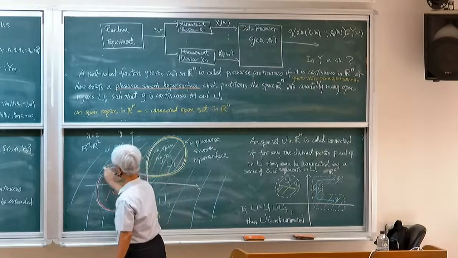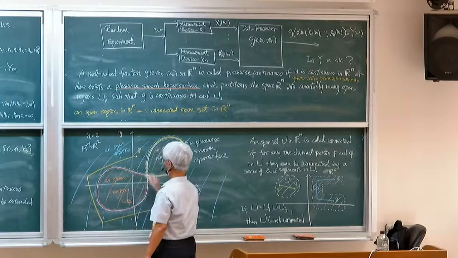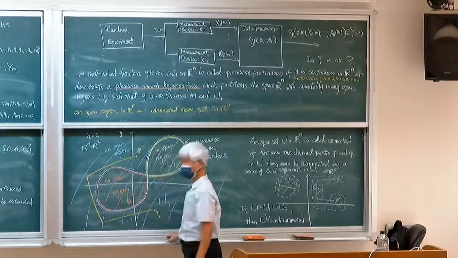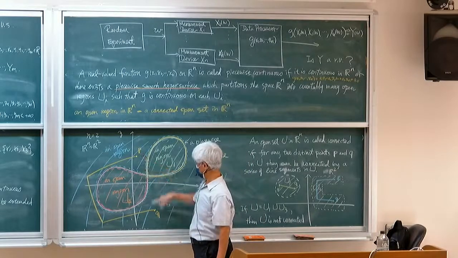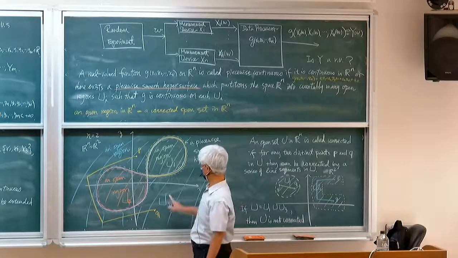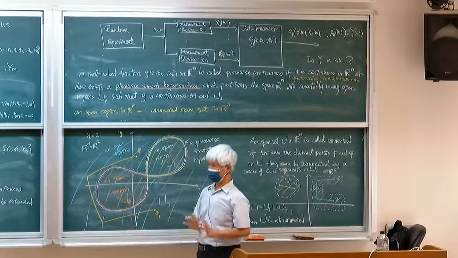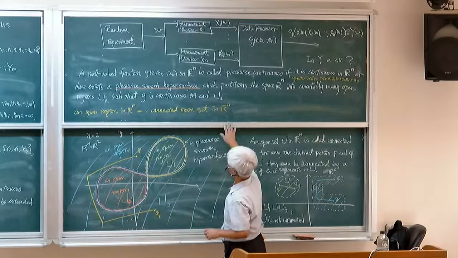Well, you can go this way and this way. So by using 3 line segments in U3, P and Q can be connected. So U3 is also a region, an open region.